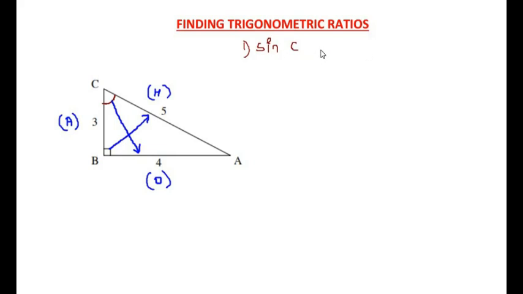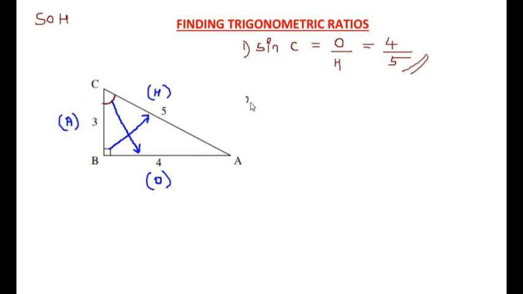Now sine, we know that it is always going to be opposite over hypotenuse. Here our opposite side is 4 and hypotenuse is 5. That is it. We have found our first trigonometric ratio.